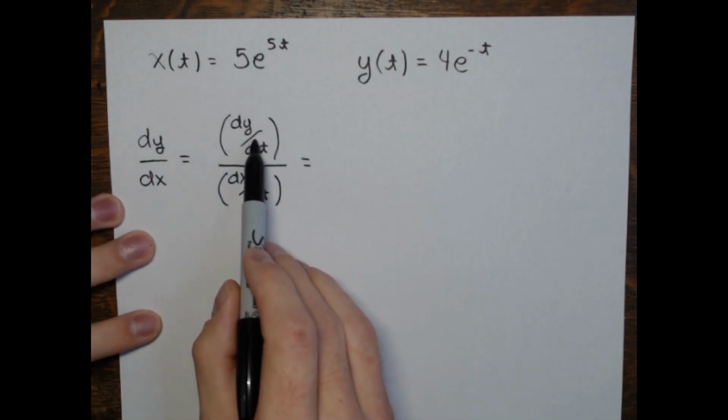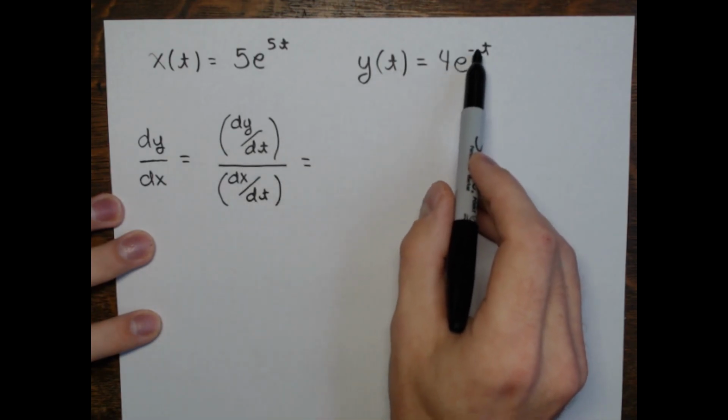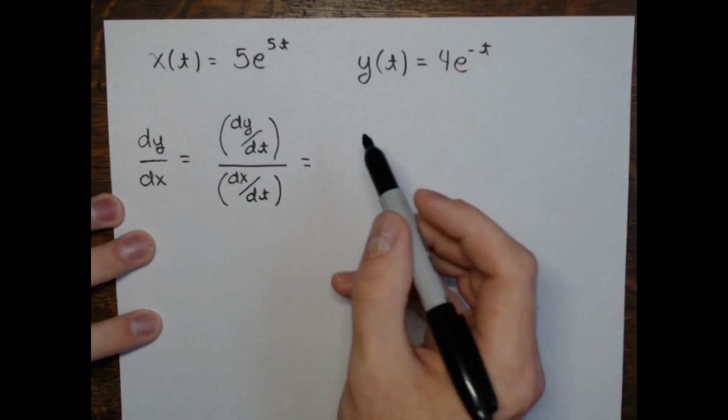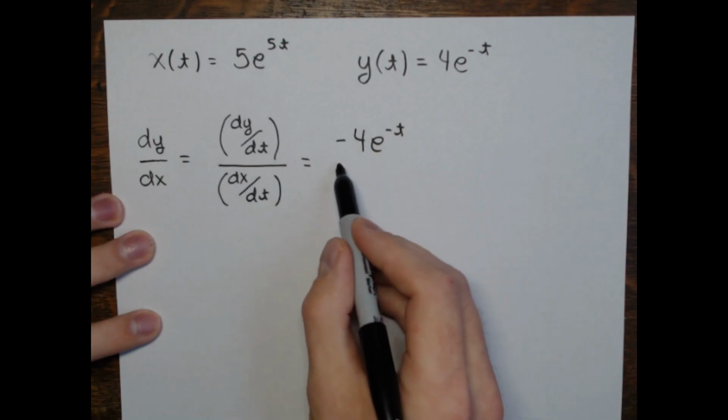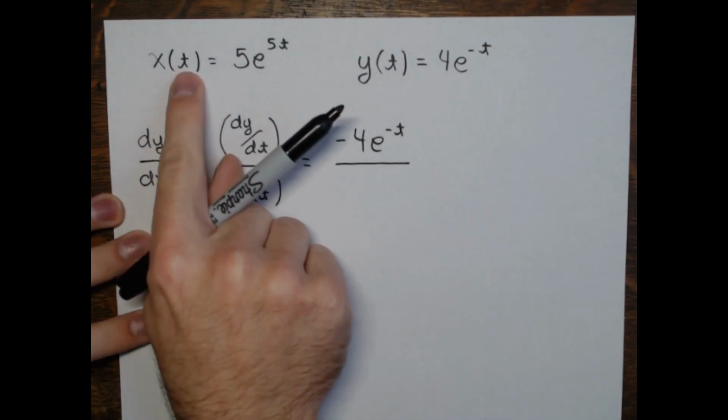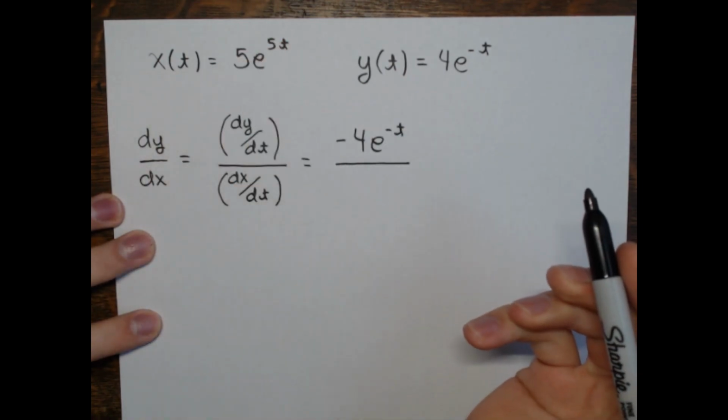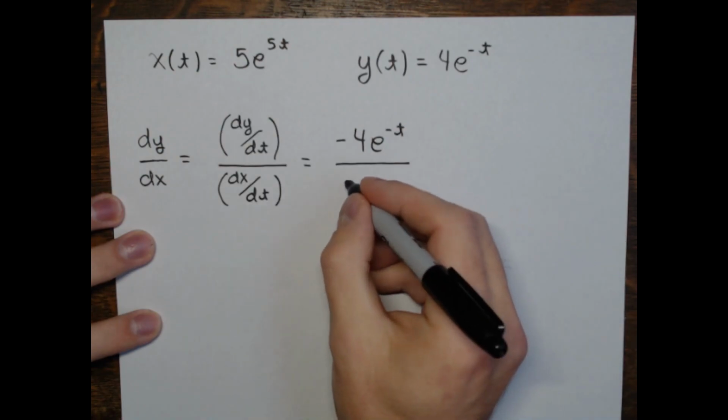All right, so the derivative of y with respect to t would be negative 4 e to the negative t divided by the derivative of x with respect to t, which would be 25 e to the 5t.